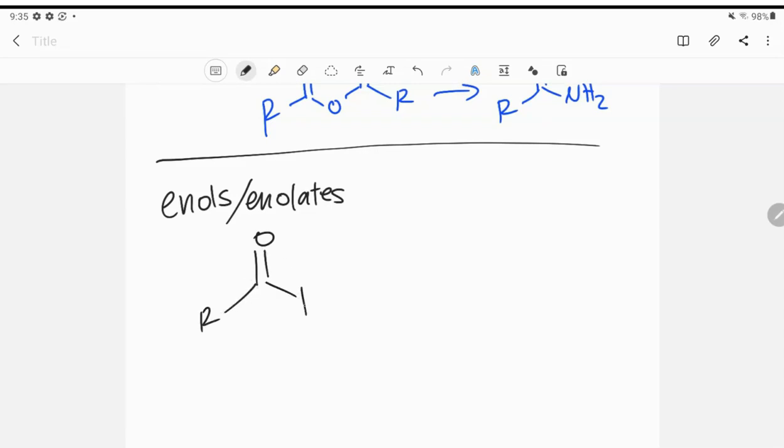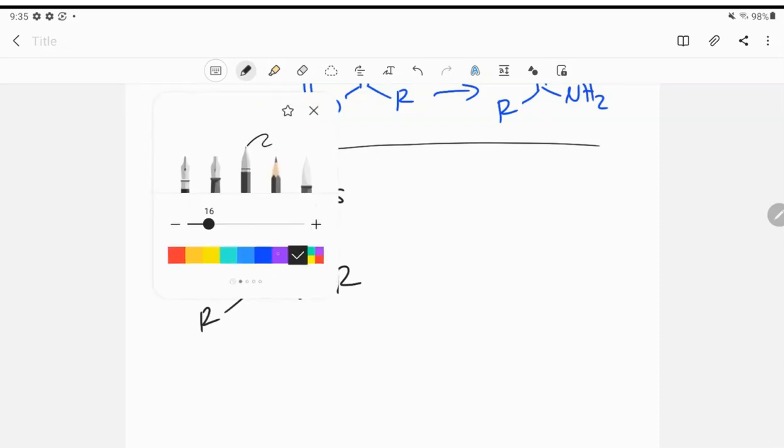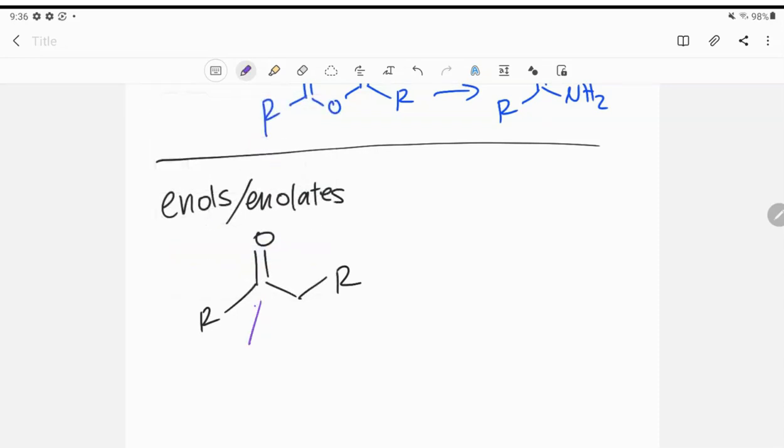When we were looking at ketones or aldehydes or carboxylic acids or whatever, we were focused on this carbon. And now, in this chapter, we're going to be focused on this carbon.